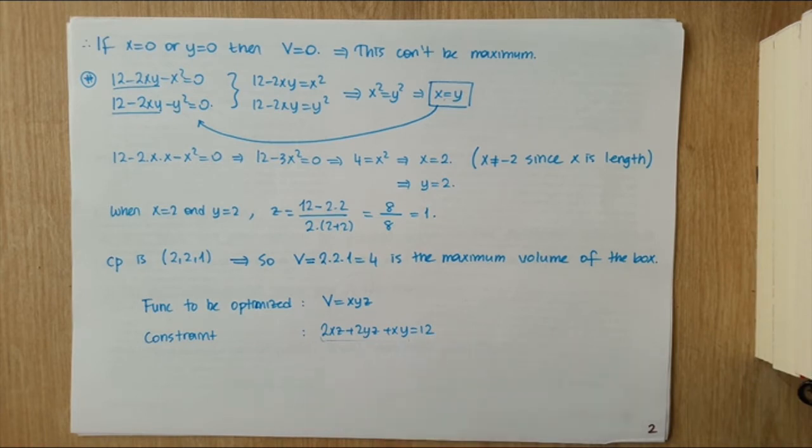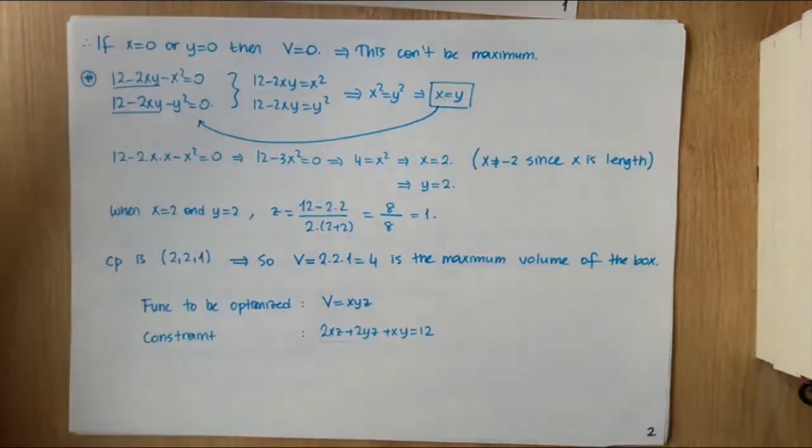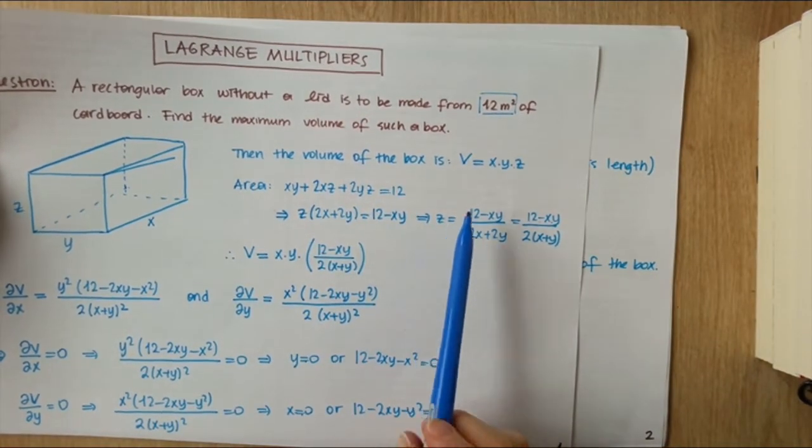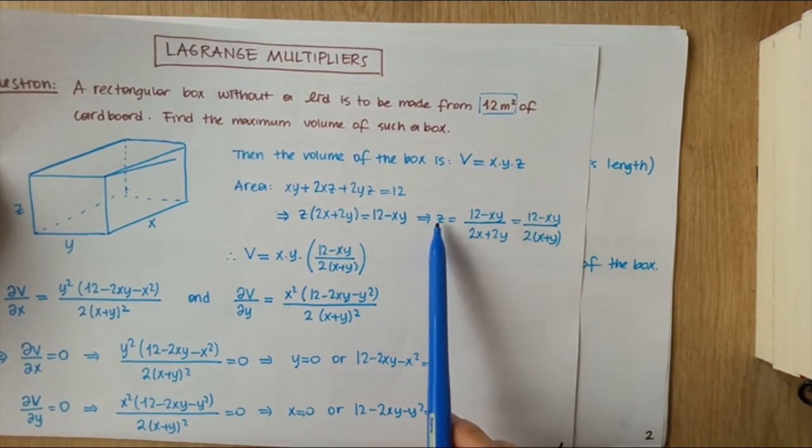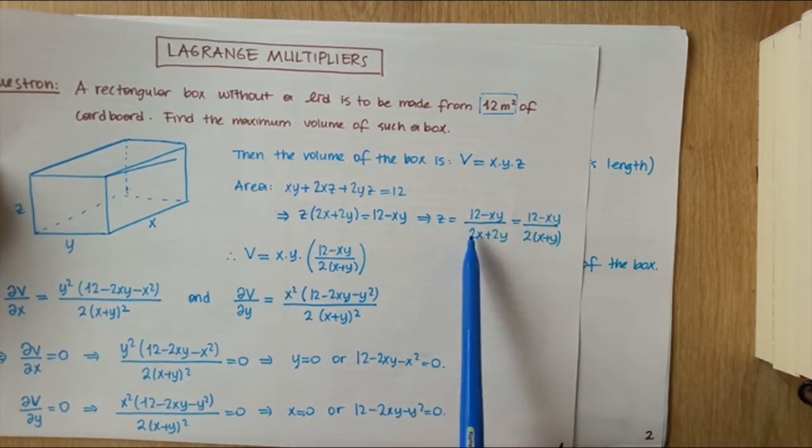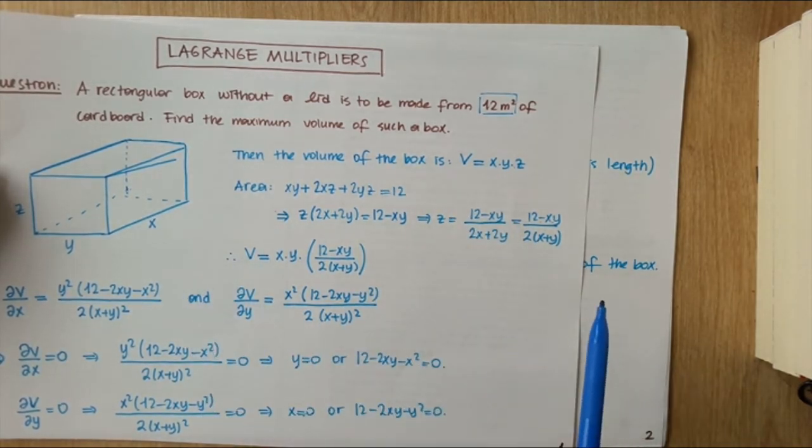So in this section, we present Lagrange methods for maximizing or minimizing the general function f of x, y, z, subject to a constraint, or two constraints, of the form g of x, y, z equals k. If you can't solve for one of the independent variables in terms of the others, you can't use the substitution method here.